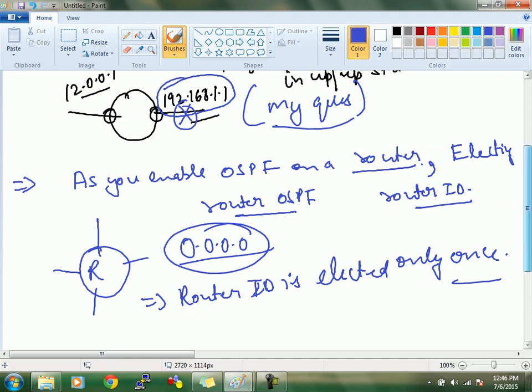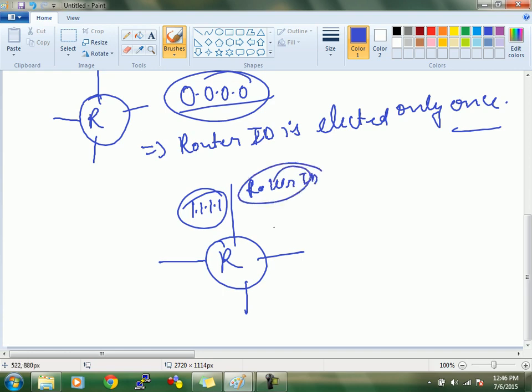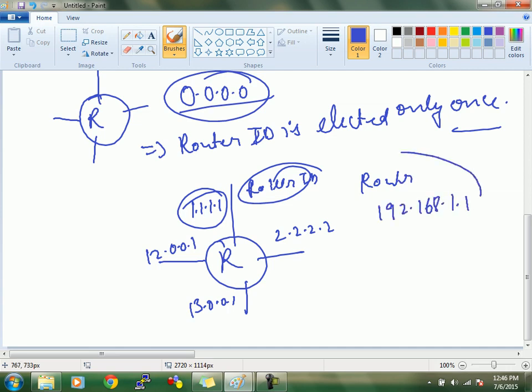What I am trying to say, this is a router. Loopback address is 1.1.1.1, so this will be elected as the router ID. This loopback is 2.2.2.2. This interface IP is 12.0.0.1. This interface IP is 13.0.0.1. But I want to assign the router ID for this router as 192.168.1.1. I can do this also.